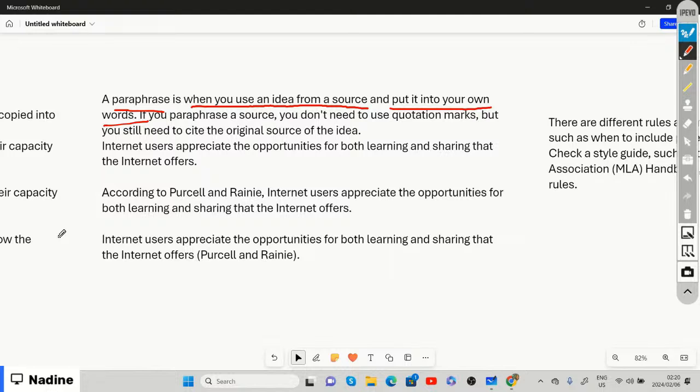All right, so if we look at this one, it says, according to Purcell and Rainey, who are authors of journal entries, internet users appreciate the opportunities for both learning and sharing that the internet offers.